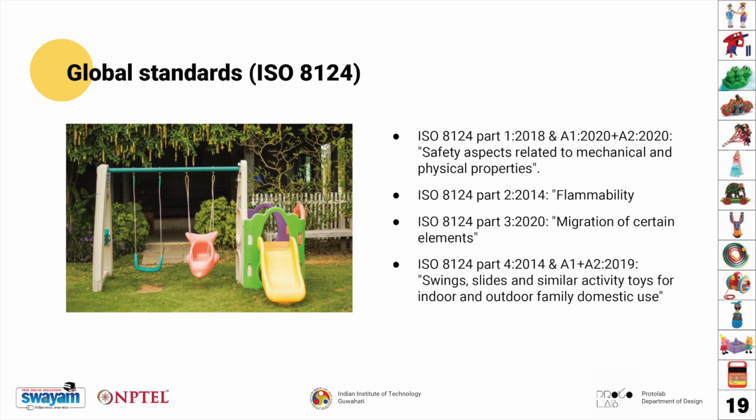Amendments include updated existing terminologies and the addition of new entries in Clause 3, Terms and Definitions, and updated the expanding materials requirement and test method to align with ASTM F963 Part 23.